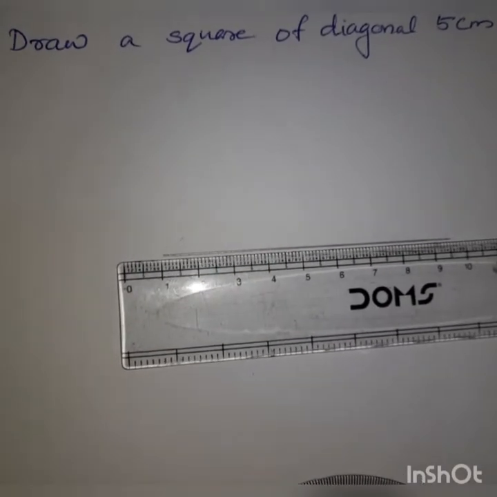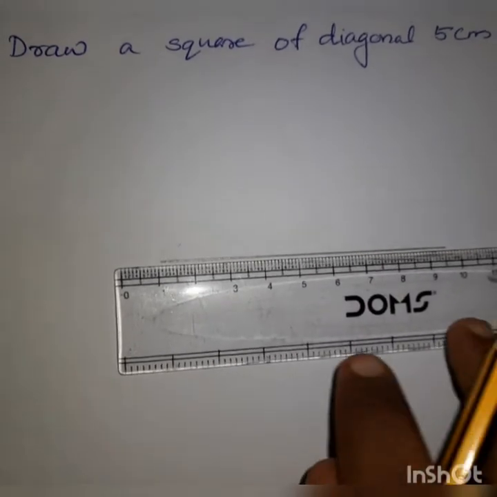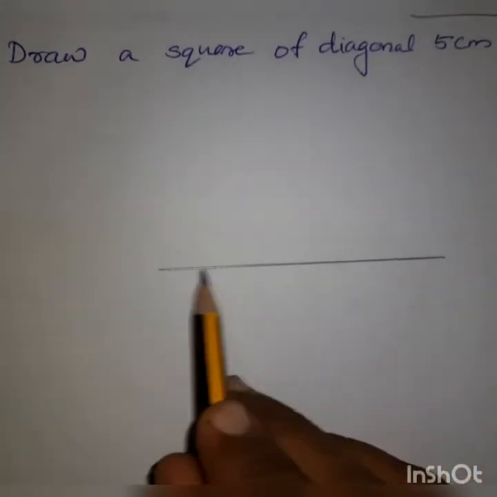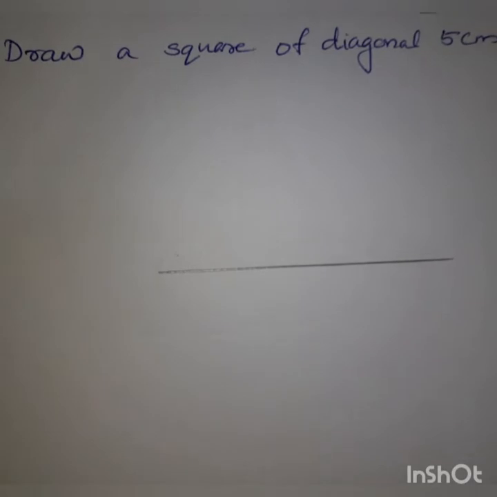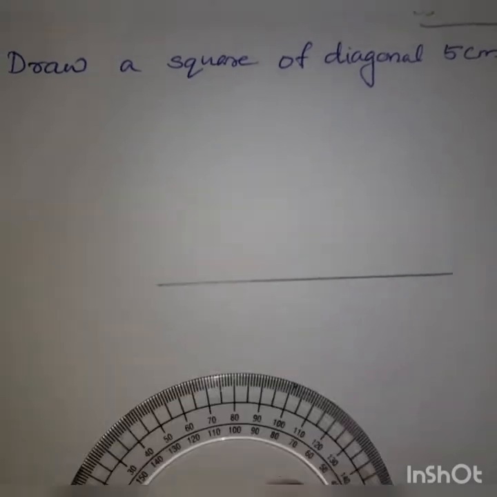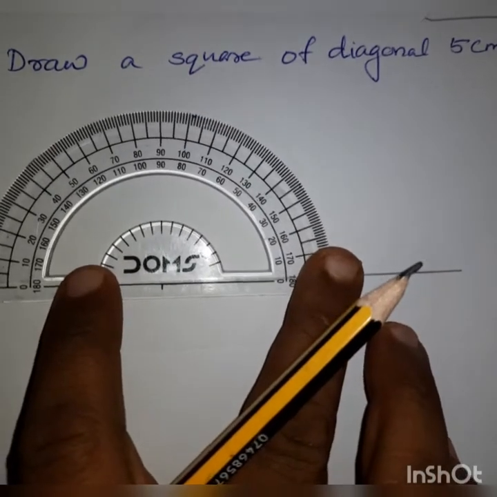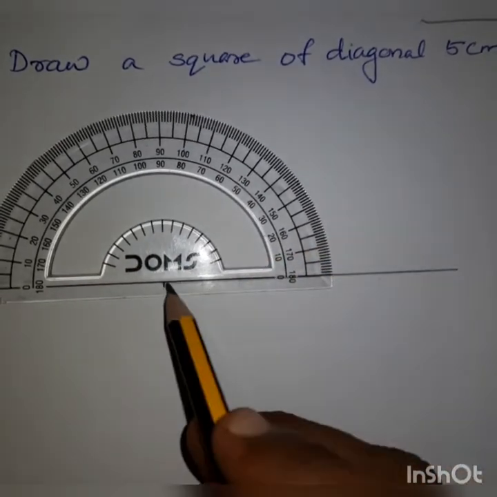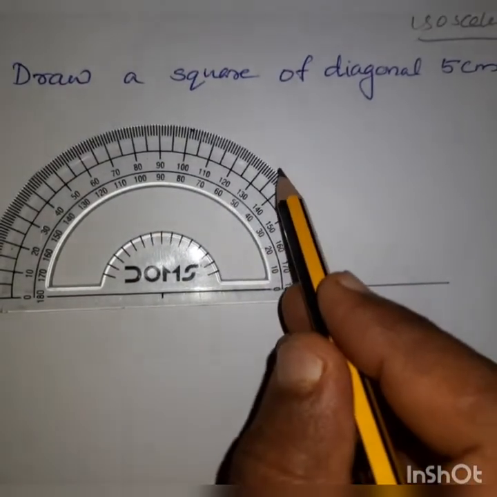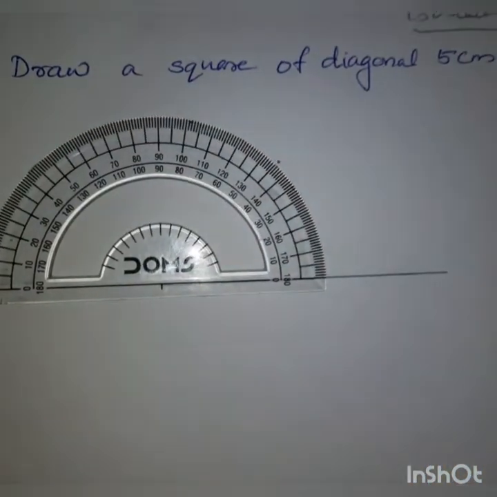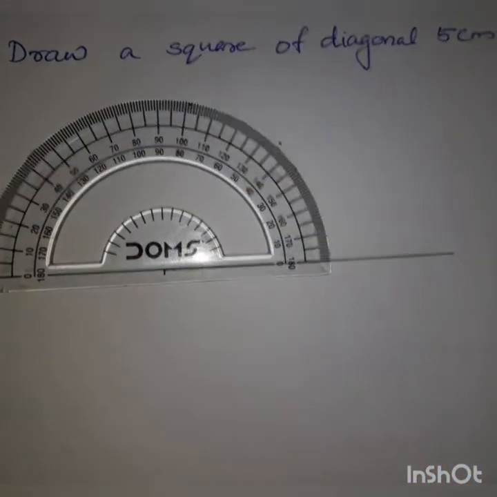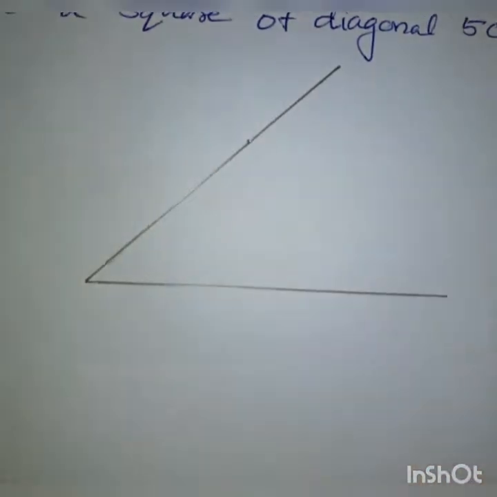First of all, you have to draw a horizontal line. At one end of this horizontal line, you have to mark an angle of 45 degree. Join the line, you will get like this.